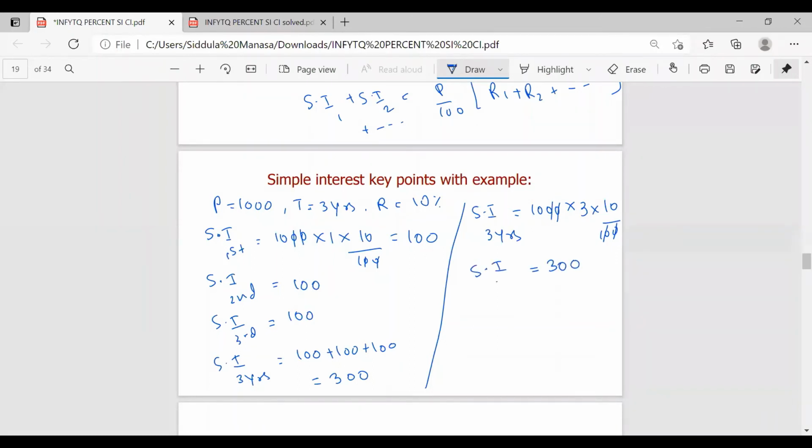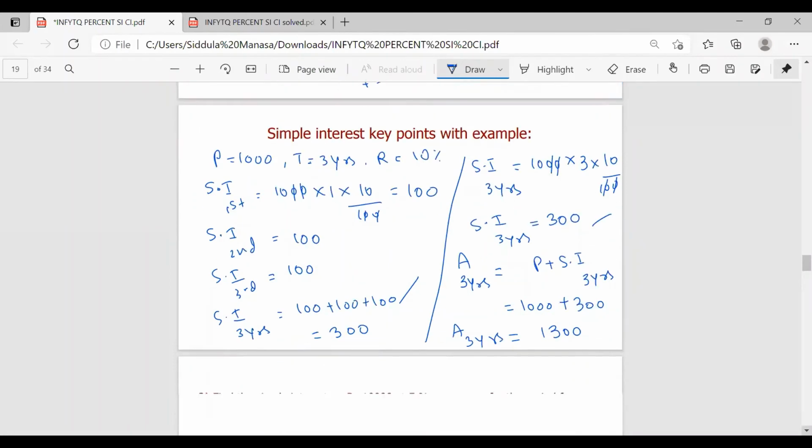So individually or directly you get the same answer. Amount at the end of 3 years is principal plus simple interest for 3 years: the amount borrowed is 1000 and interest earned in 3 years is 300, so the total amount you receive is 1300.